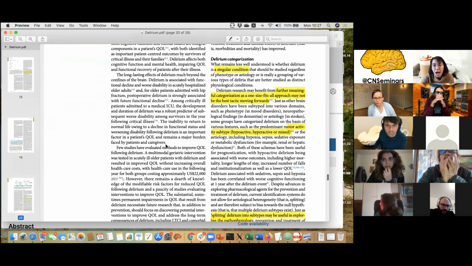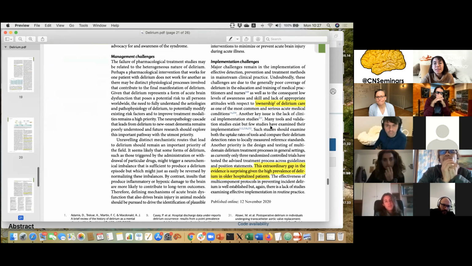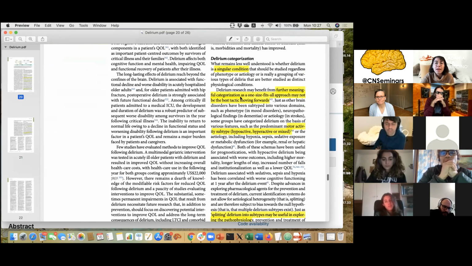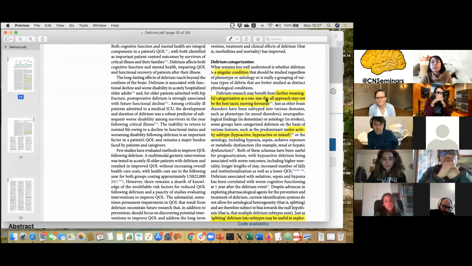And I will jump to the outlook. Here they say that there is, like, one size fits all. So the delirium characterization is too general to understand what is going on.